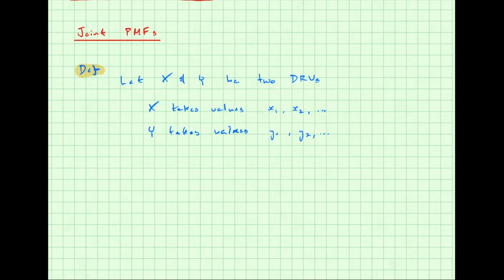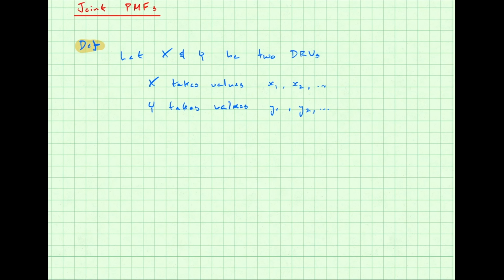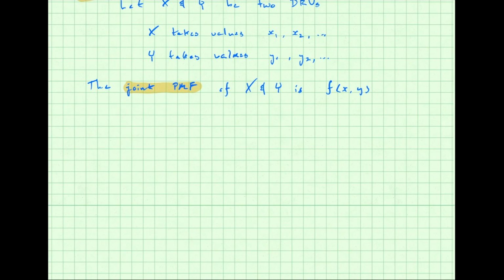If you set them up this way, then the joint probability mass function has a really simple form. So the joint PMF, which is the thing we're defining here, of X and Y, is denoted by little f of x and y, where you write it in the following way.